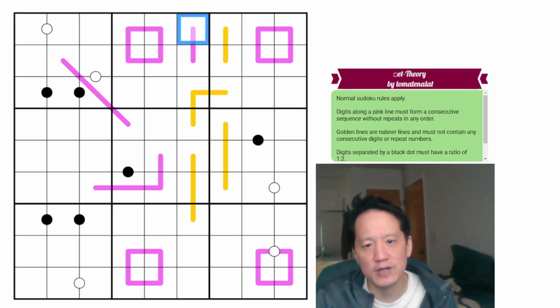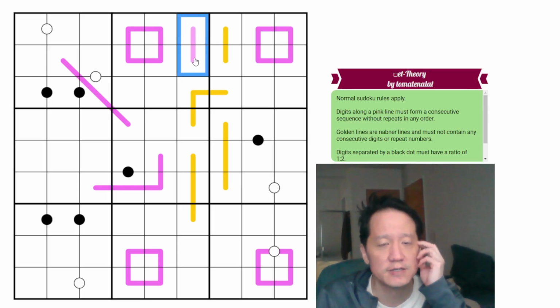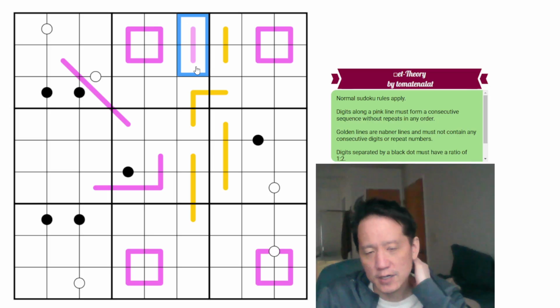And it could be that this could be a 5 and this would be 4 or 6, because then this 4, 5 or 5, 6 would form a consecutive sequence. And these are called Renban lines. So know that it's normal Renban rules here.